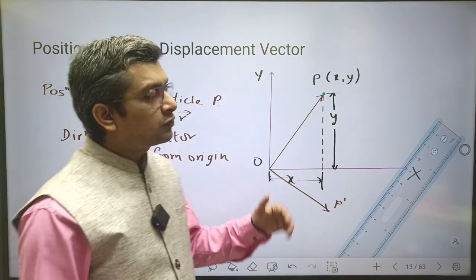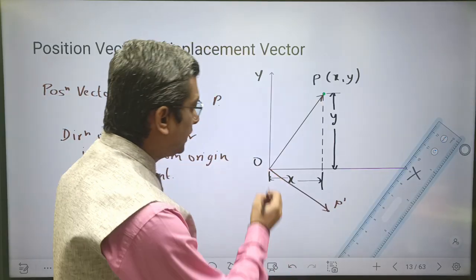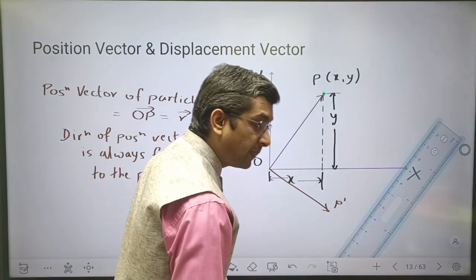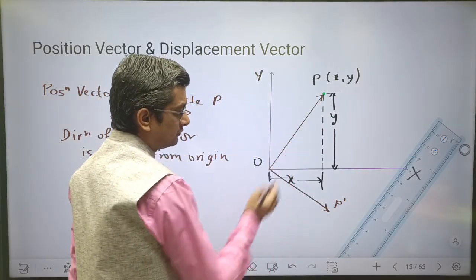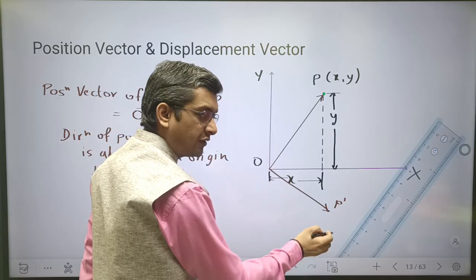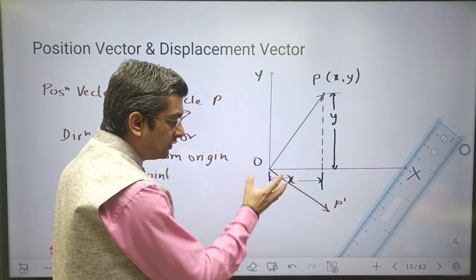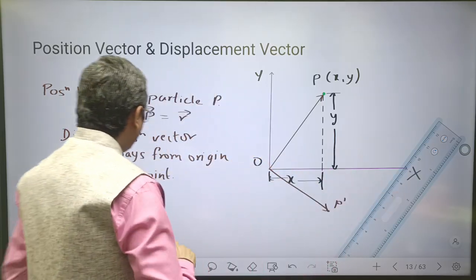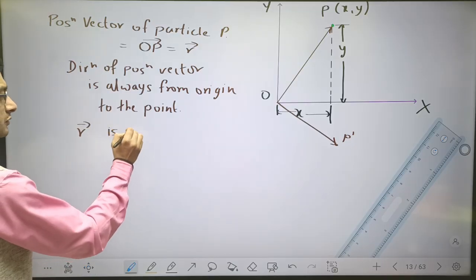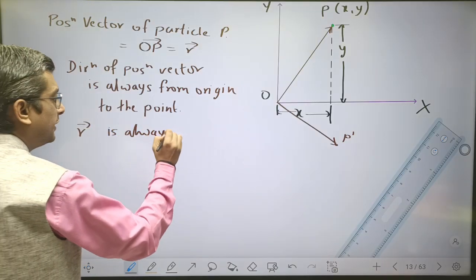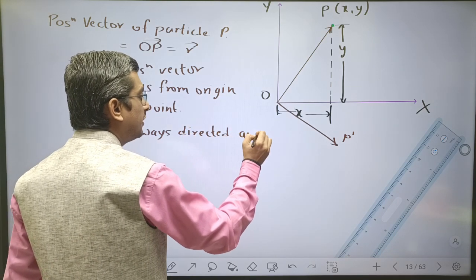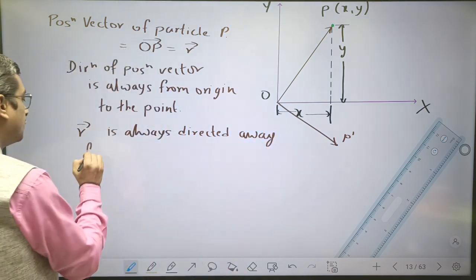Now this can also be written as: the position vector is directed away from the origin, because here the direction is from O to P, here the direction is from O to P dash. So the direction is like this, that is, it is away from the origin. So I write: the direction of the position vector is always directed away from the origin.